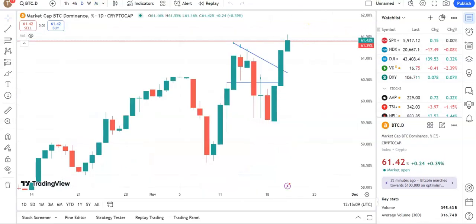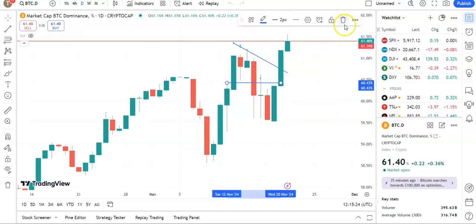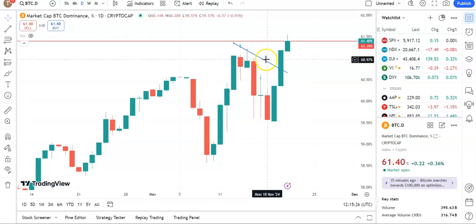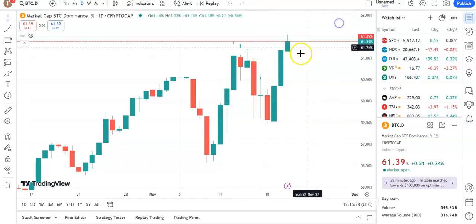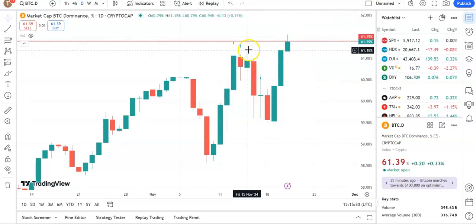However, taking a look at the dominance, guys, this is not good to see for altcoins. Now, it's fine if you have everything in Bitcoin, but this is not what you want to see if you hold altcoins. So I'm going to get rid of these resistances here because they don't really matter anymore. We're starting to get higher highs here basically with the dominance. So a lot of these marks don't matter anymore.